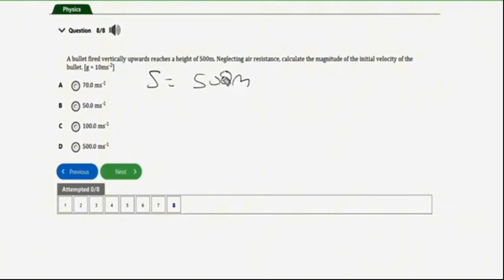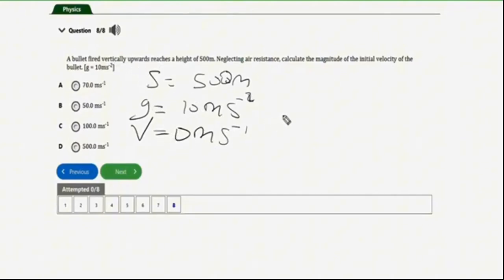Then we have the acceleration due to gravity to be 10 meters per second squared. And the final velocity will be 0 meters per second, because the bullet here is fired vertically upward.